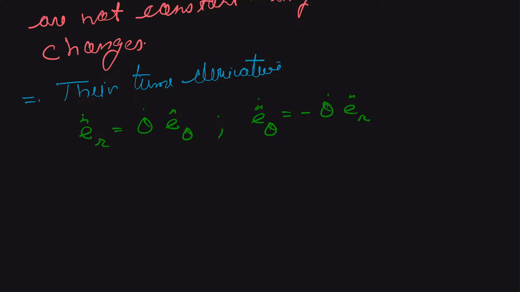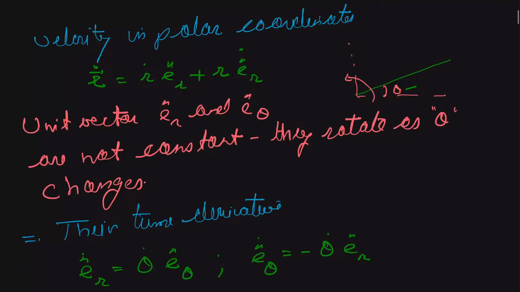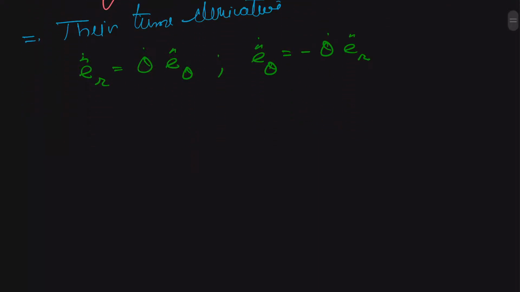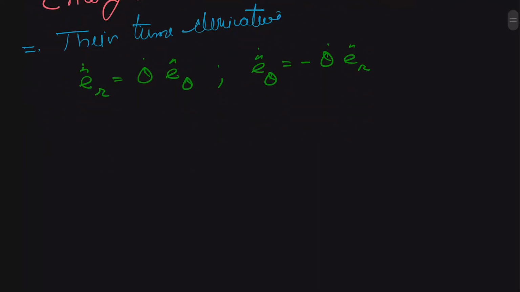And so our expression for this velocity, if we substitute these two time derivatives, we can write that our velocity v, which is equal to the derivative of r, will be equal to r derivative and unit vector e_r, and here we get r theta derivative, and this will be over e_theta unit vector.